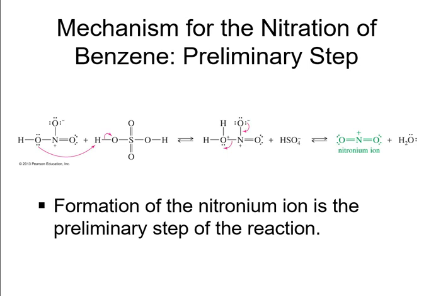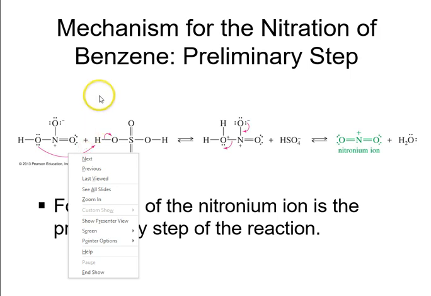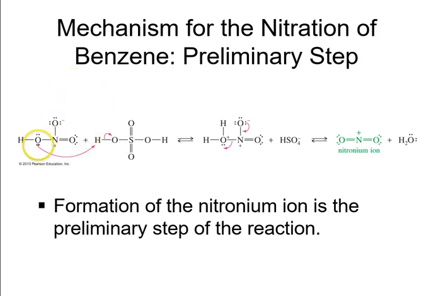So this is the first step in the formation of the nitronium ion. The OH group of nitric acid, HNO3, which I'm going to write as HONO2 because sometimes it's easier to see that, gets protonated by my strong acid to form this compound.